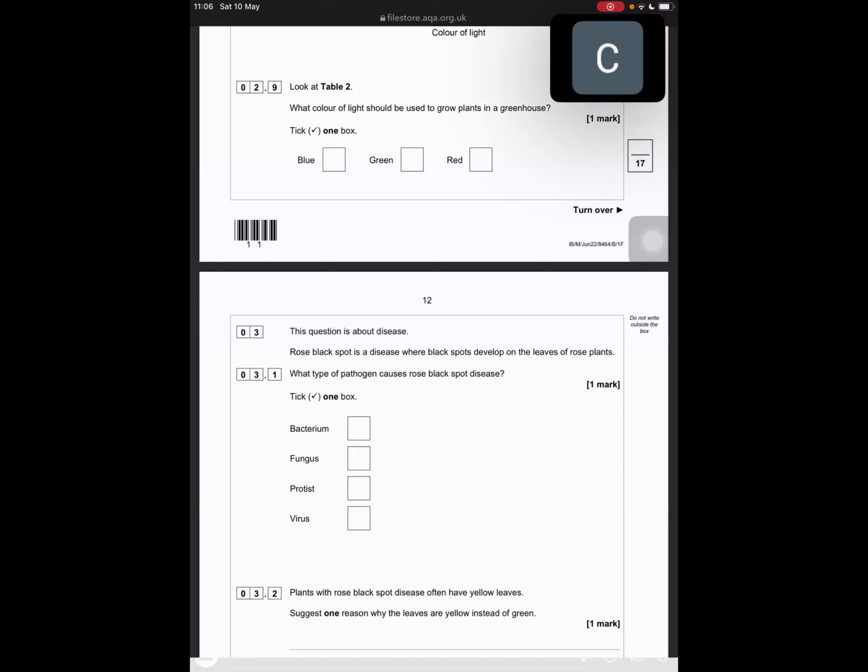For this one, is it a fungus? Does the marking scheme say it's a fungus? Yes, it says fungus. Okay.